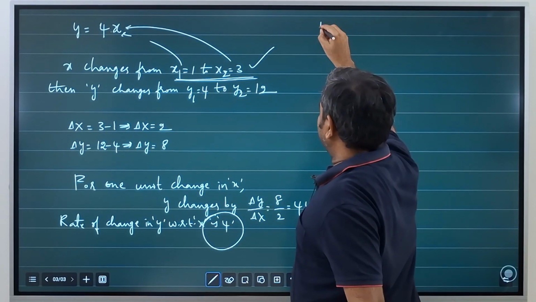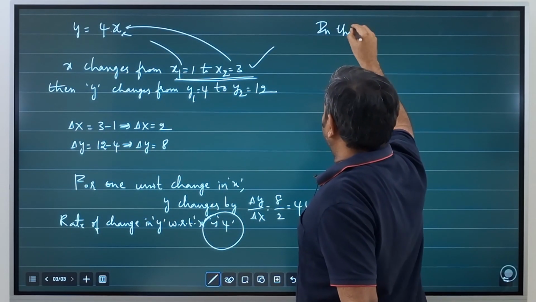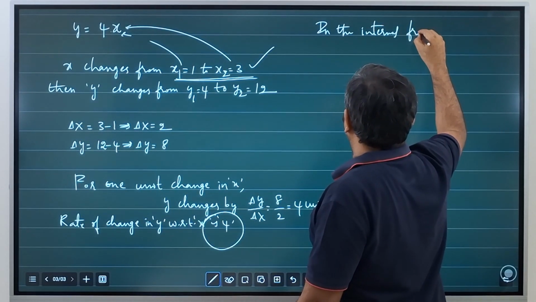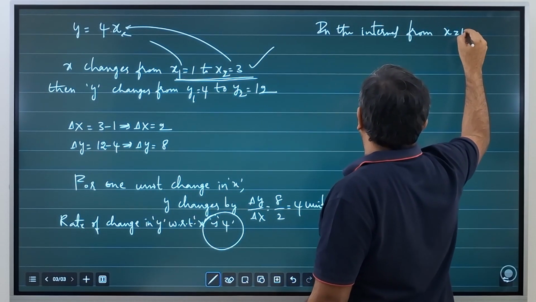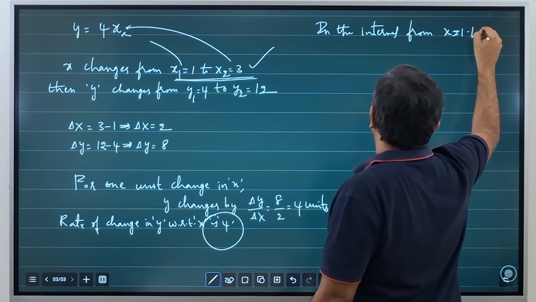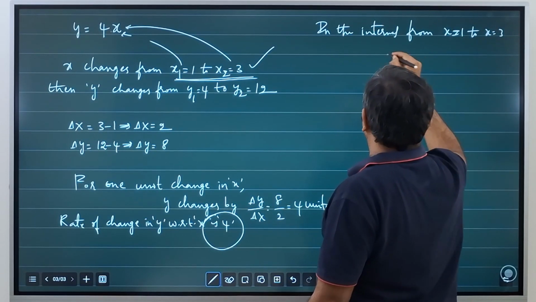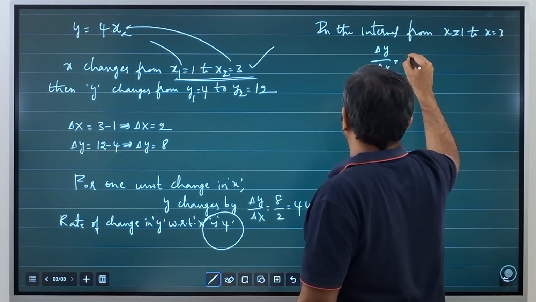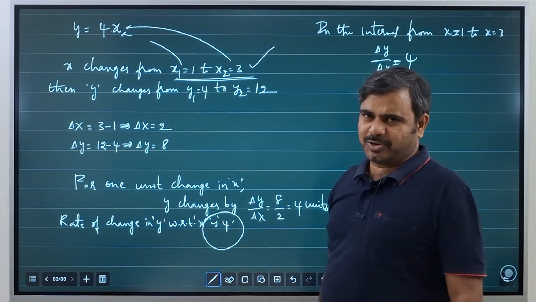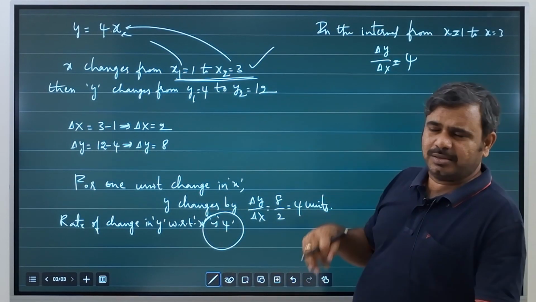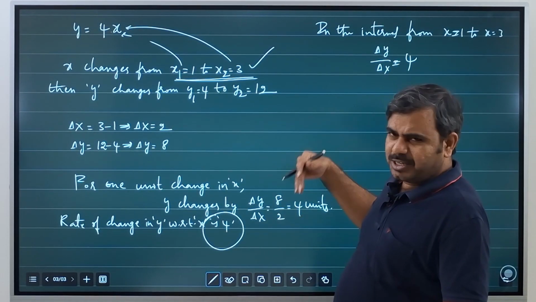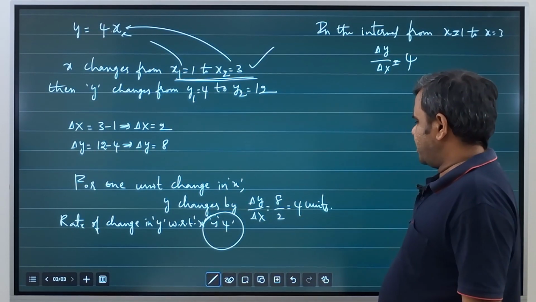So in the interval from x is equal to 1 to x is equal to 3, we would say delta y by delta x, or the rate of change in y with respect to x, is 4 units. Now change the interval and find out delta y by delta x again. Change the interval again, find out delta y by delta x again.